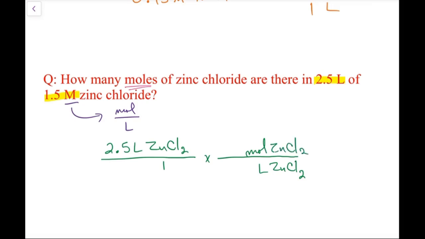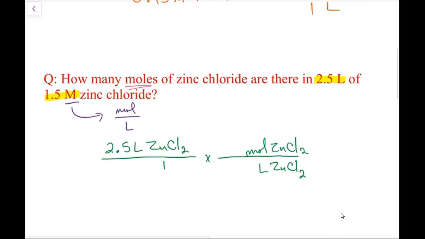This is a one-step problem, and the reason I can do this in one step, unlike going from grams of one thing to grams of something else, is first of all, I'm only dealing with one thing, zinc chloride. And second, I'm given the molarity, which by definition is the relationship between moles and liters. So if I have 1.5 molar zinc chloride, that means 1.5 moles per 1 liter, which is a relationship that I can put into the problem.